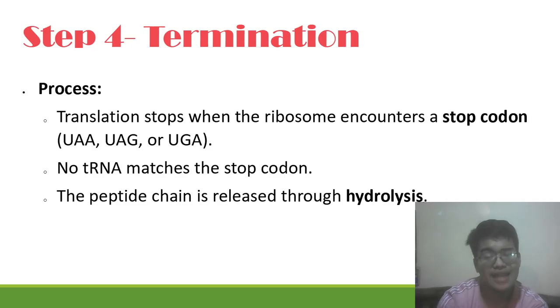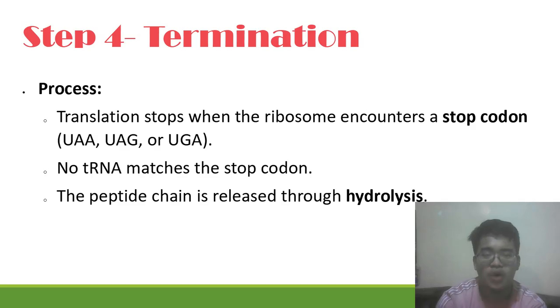Now we are down to the second to the last part of the translation process, which is the termination. In this process, the polypeptide continues to grow by way of translocation, or the movement of the ribosome, until all necessary amino acids are in place and bonded to each other. The appearance in the mRNA codon sequence of one of the three stop codons, the UAA, the UAG, and the UGA, terminates the process.